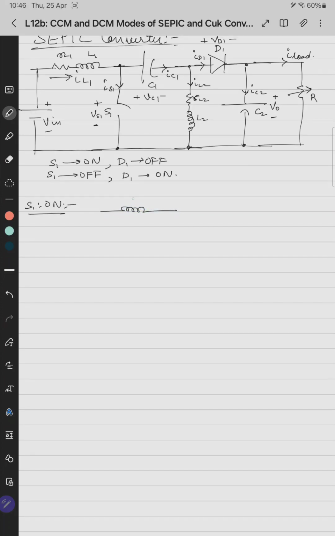Here I'll ignore the ESR, or equivalent series resistance, of the inductors. This is open, and then here we have this.